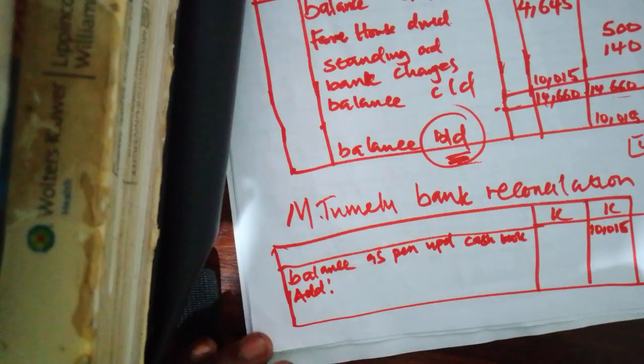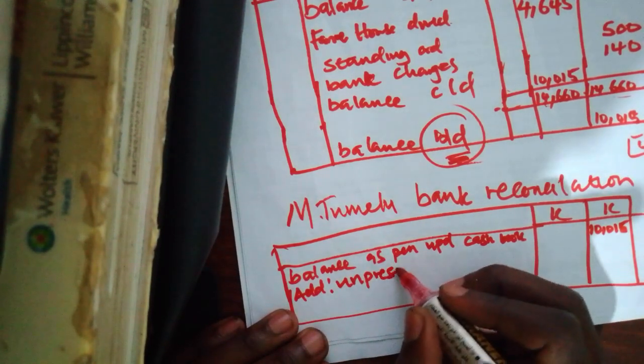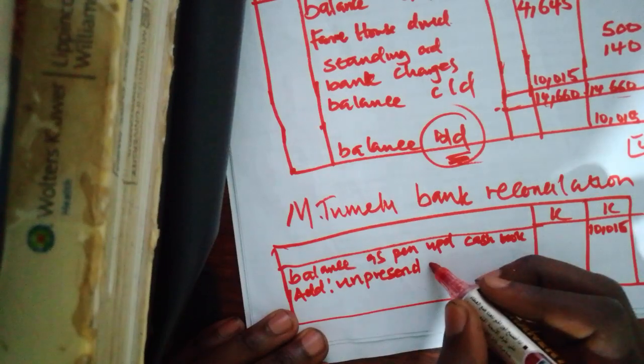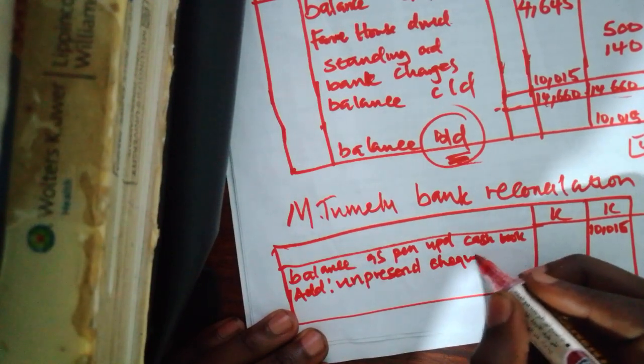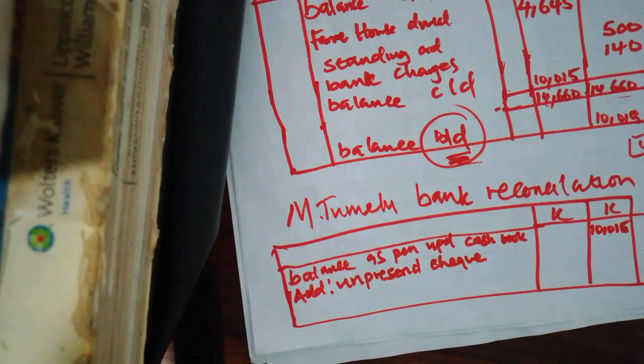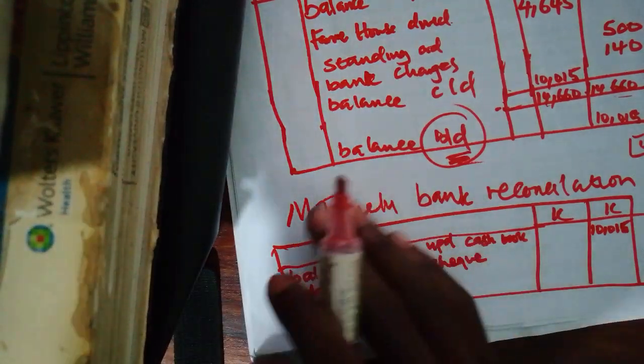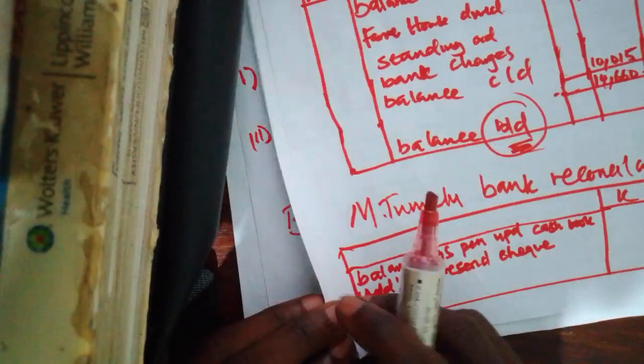Then you say add unpresented checks. Then these unpresented checks, we said that in the cash book there are deposits as I showed you. So the rule is just simple.